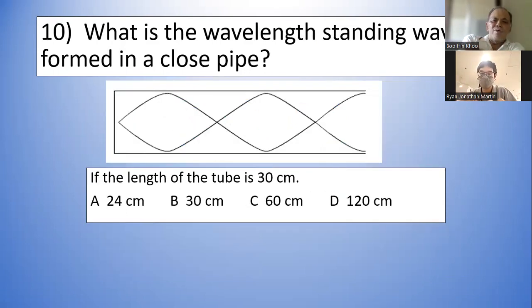What is the wavelength of the standing wave formed in a closed pipe, if the length of the tube is 30 cm? Here to here is half a wavelength, another half, and this one is a quarter.